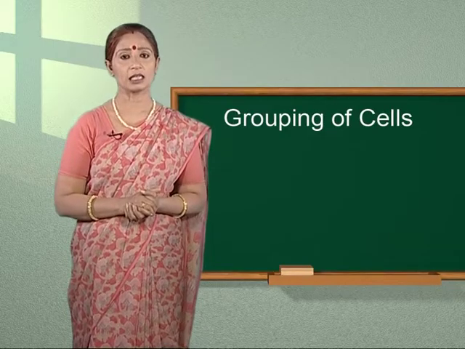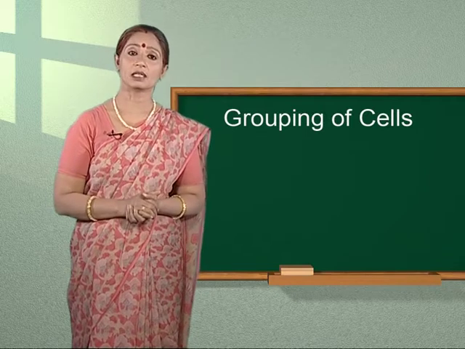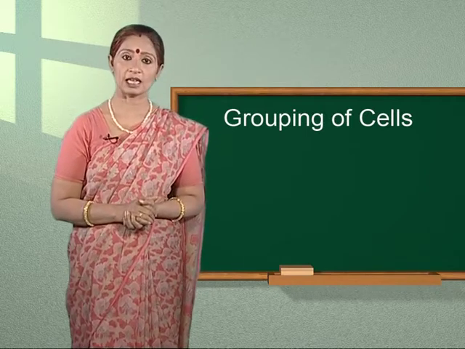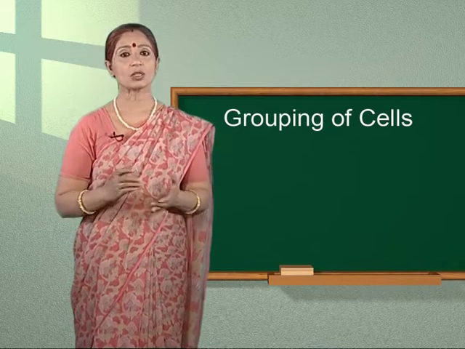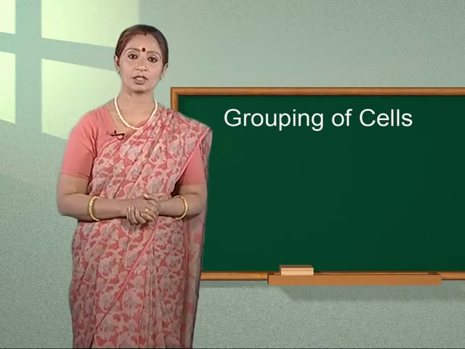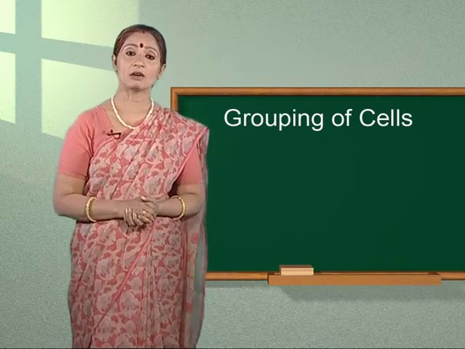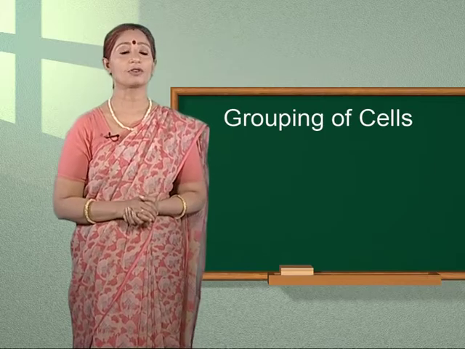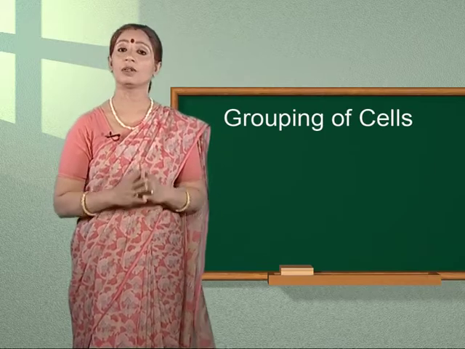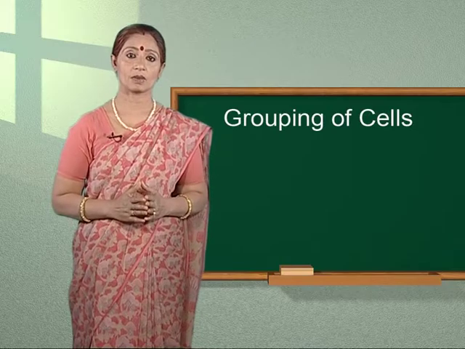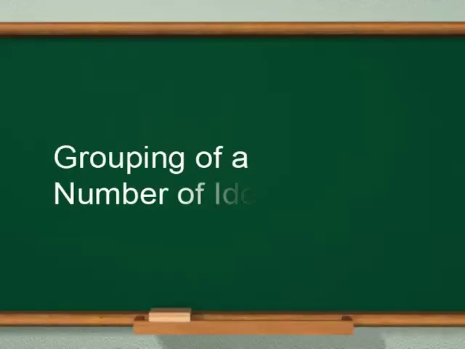So far in this lesson, we have learned about the grouping of two cells in series as well as in parallel combinations. I will now discuss the condition of grouping of a number of identical cells.